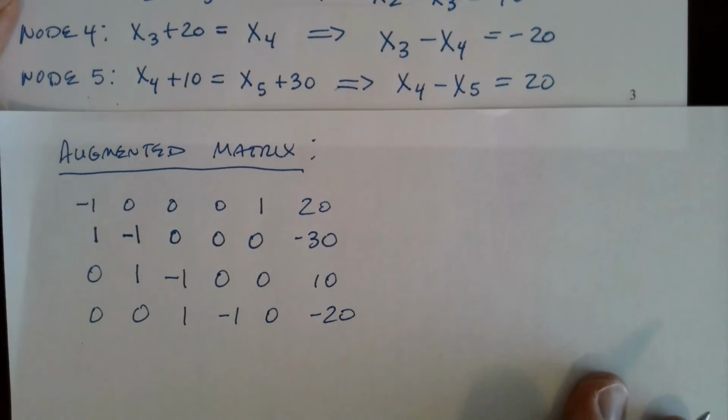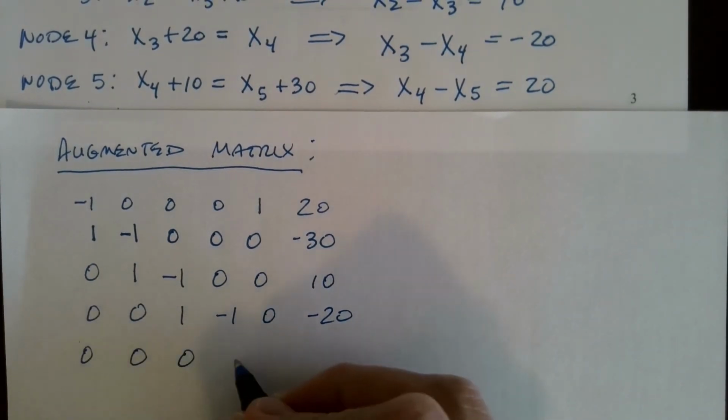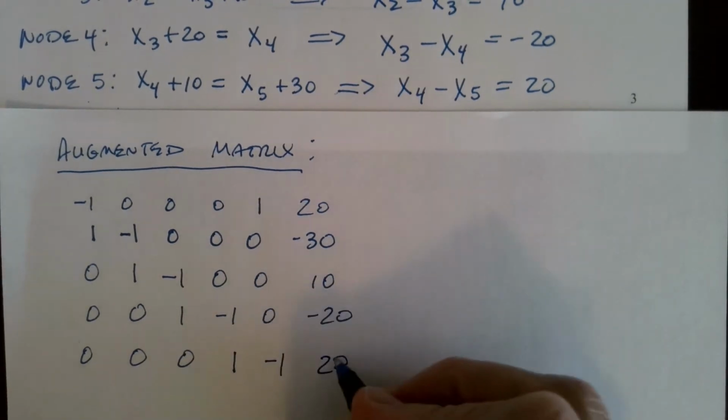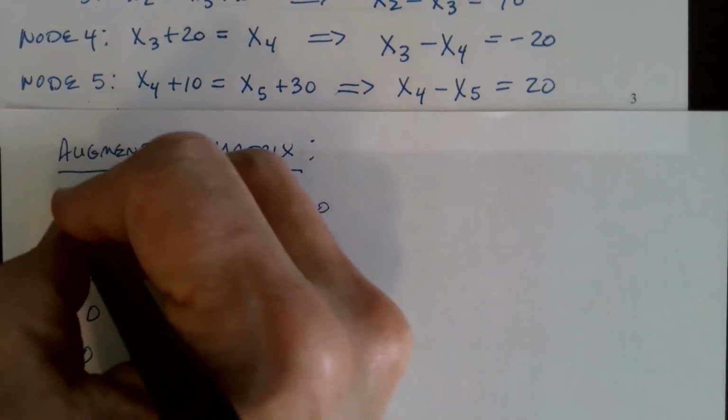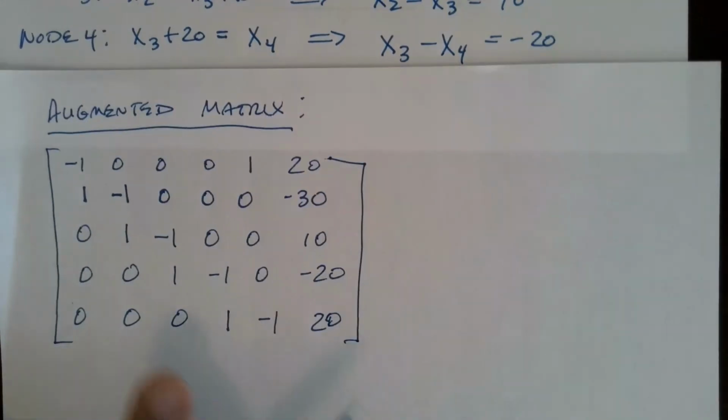And then the last, x of 4 minus x of 5 equals 20. We're going to put parentheses or brackets, as you should always, for a matrix. And so there's our augmented matrix, and it's very sparse.